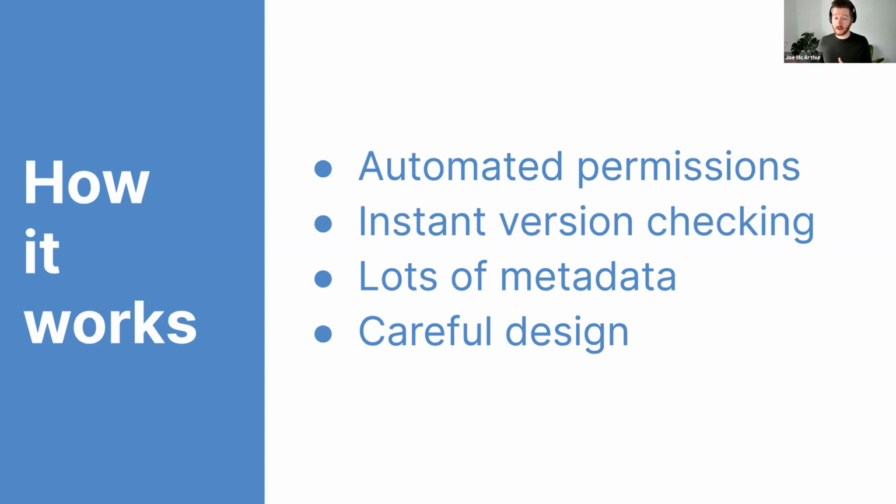The second thing is we've built an automated permission system. Many of you will be familiar with tools like Sherpa Romeo, where authors can go look up their journal policies. And then they've got to figure out what those mean, how they apply to their article, how maybe their funder policies or institutional open access policies affect things.